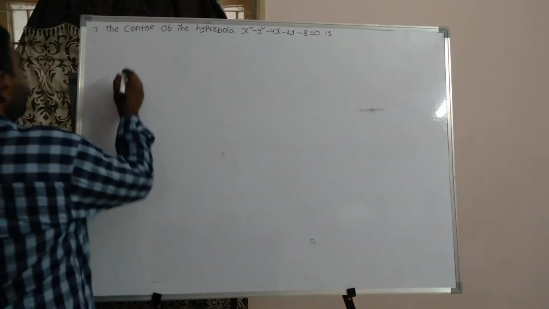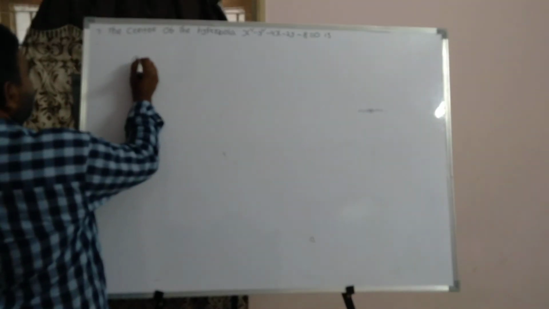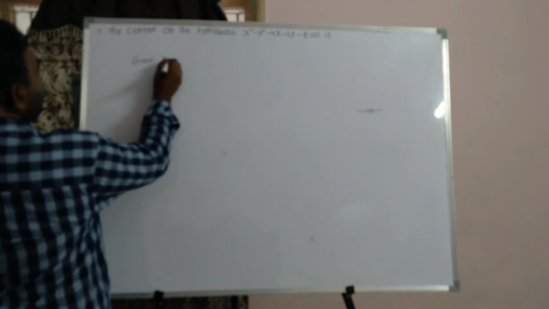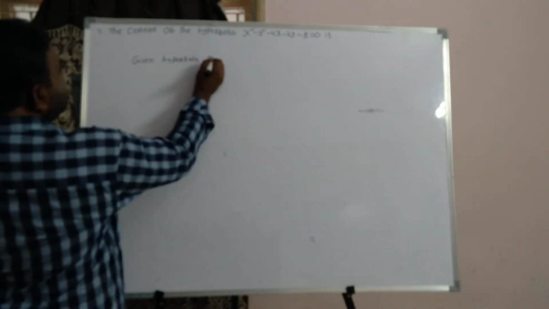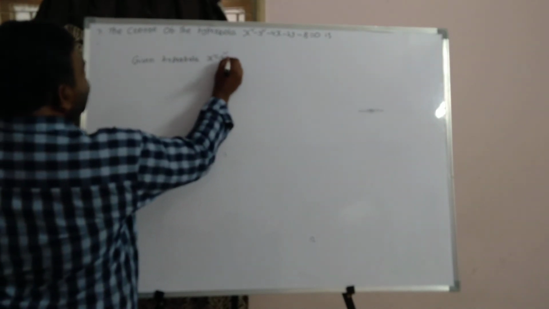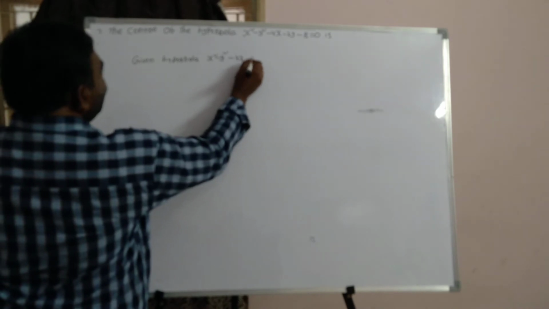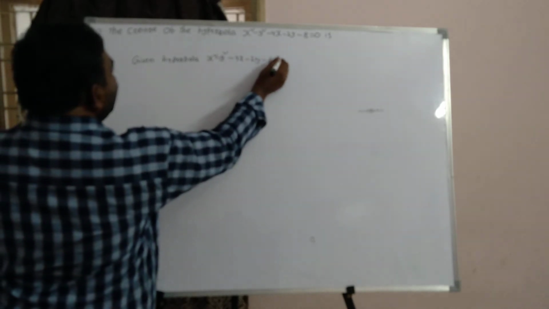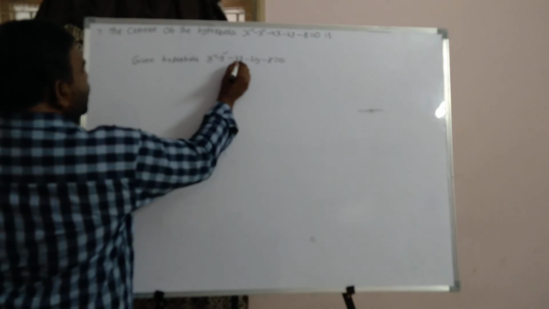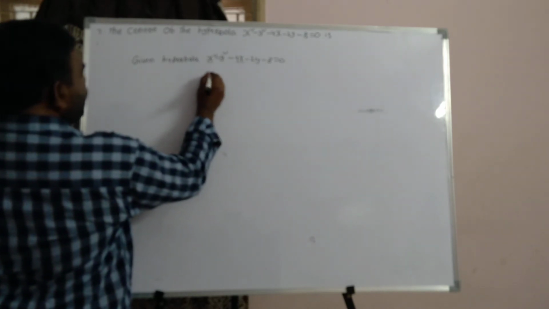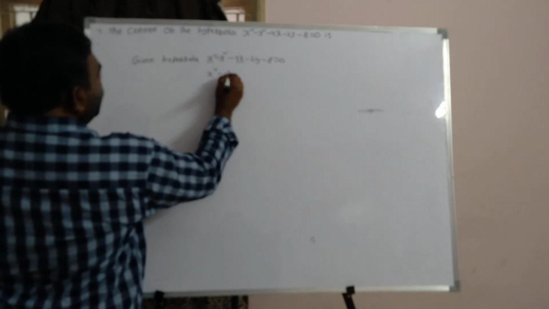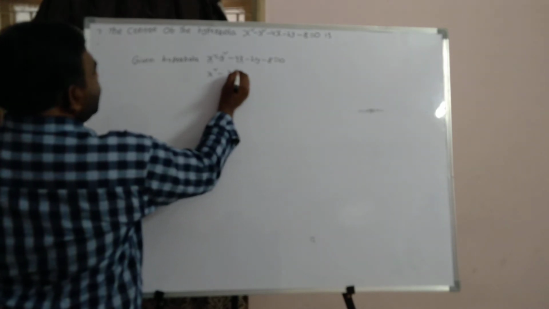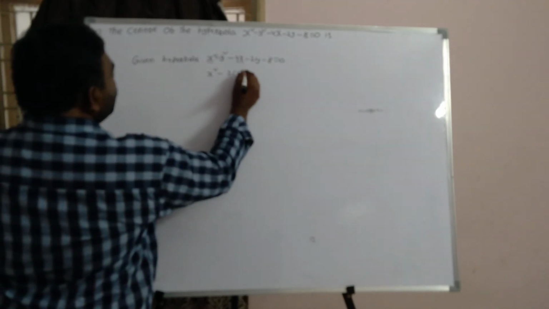Here also given hyperbola. x square minus y square minus 4x minus 2y minus 8 equal to 0. Here x square minus 4x. So it can be written as x square minus 2ab, 2 into x. 2x into 2, 4x.